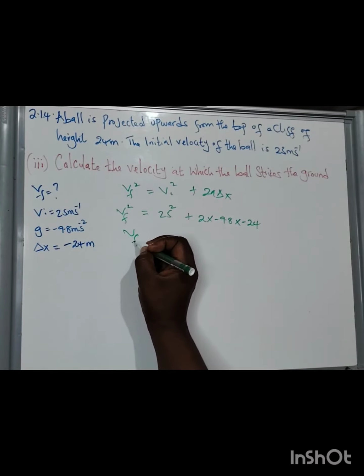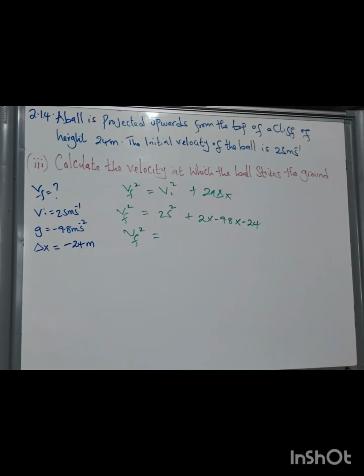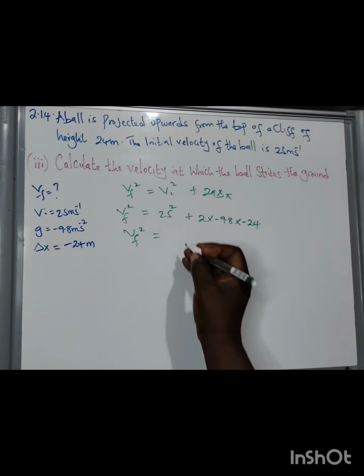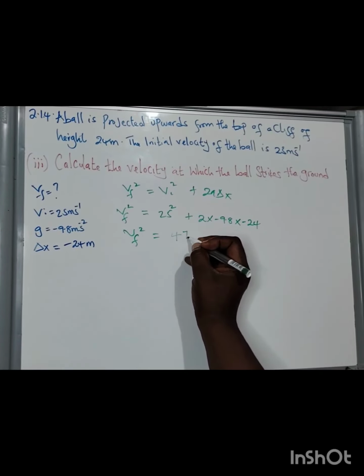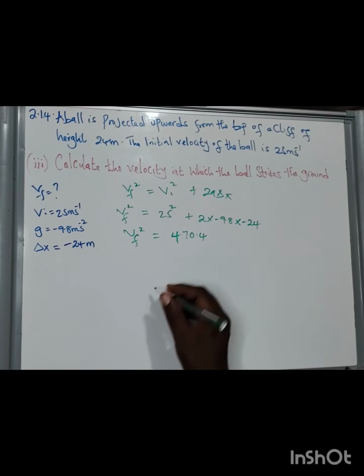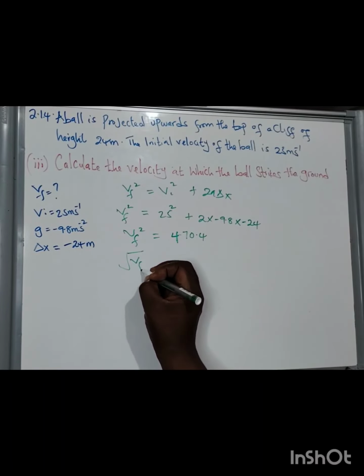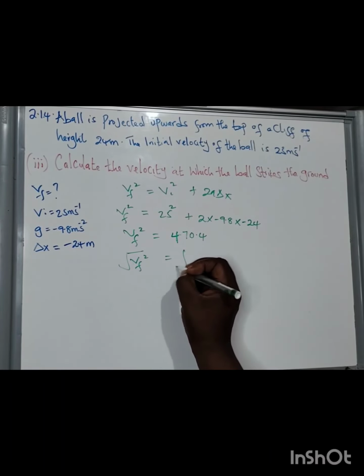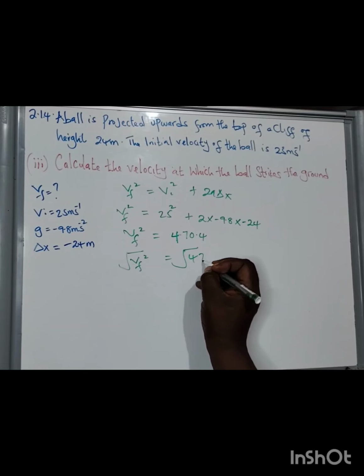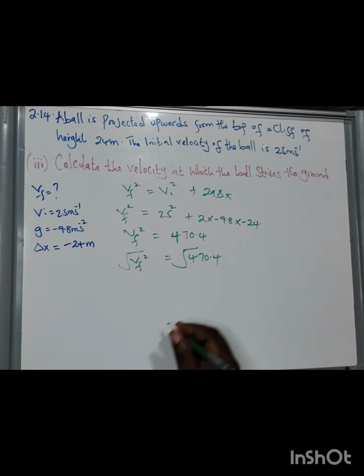Let's see what we get here. You end up with 470.4. Next is to find the square root of that. What do we get here?